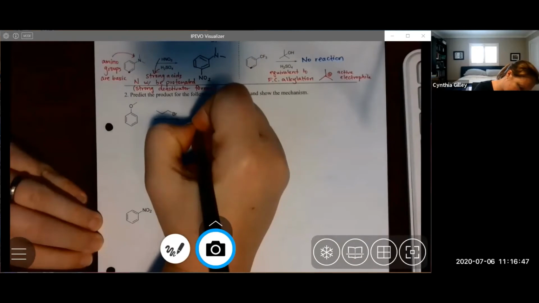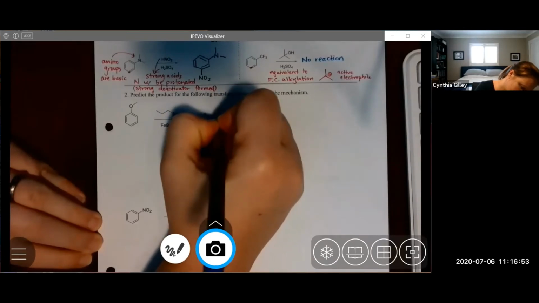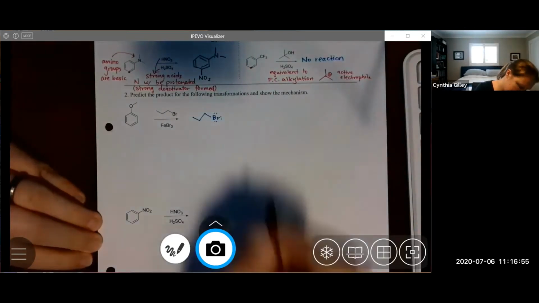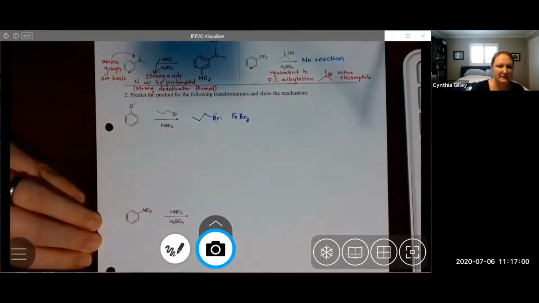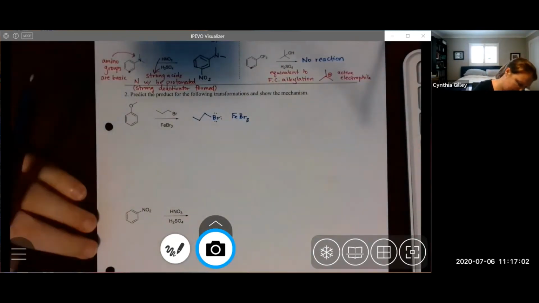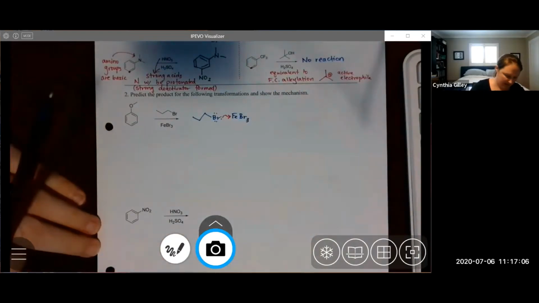So to start that out, we can take the alkyl halide, draw in the lone pairs, and then draw in the Lewis acid, and have the Lewis acid-base reaction take place.